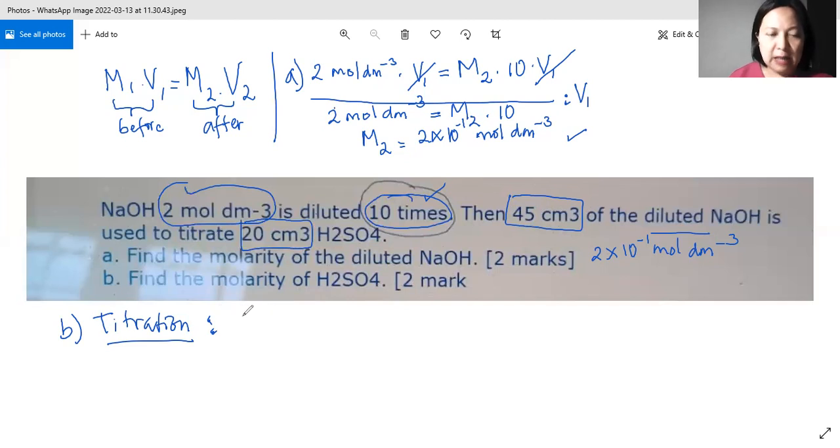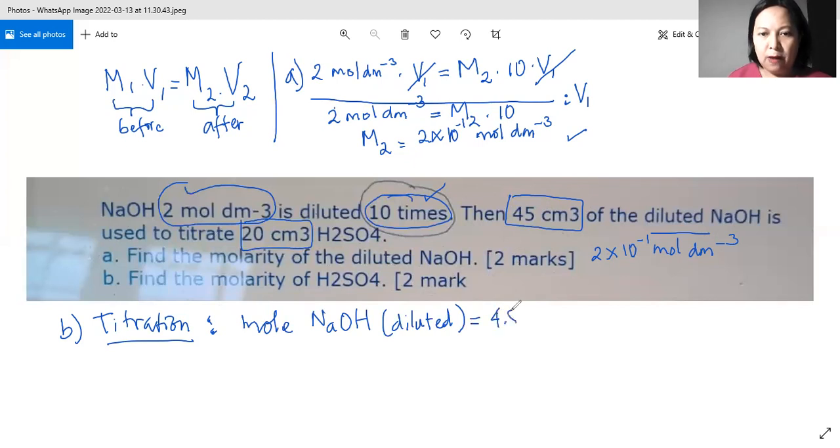So to find the mole of the diluted sodium hydroxide, 45 centimeter cube changes into 4.5 times 10 to the power of minus 2 decimeter cube, times 2 times 10 to the power of minus 1 mole decimeter to the power of minus 3, or per decimeter cube.